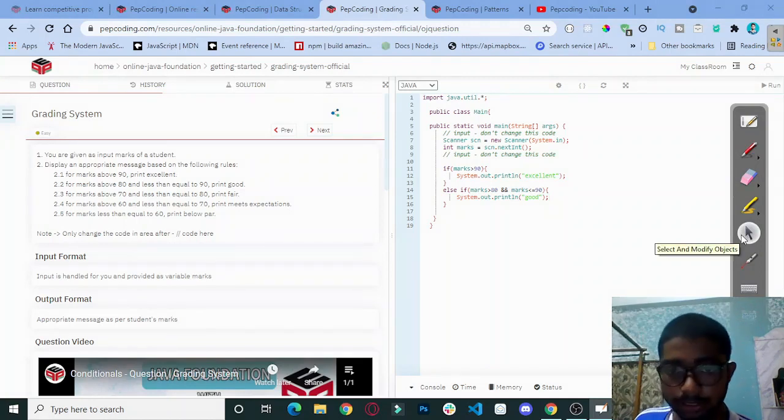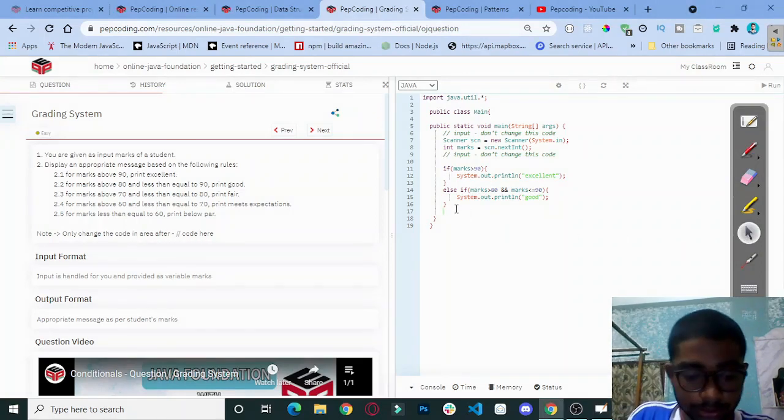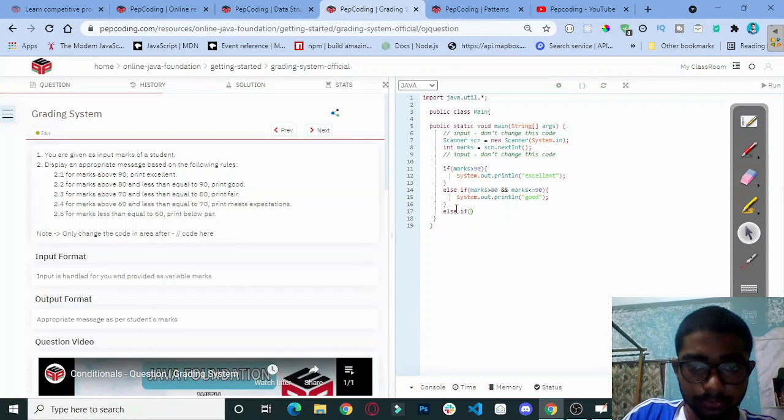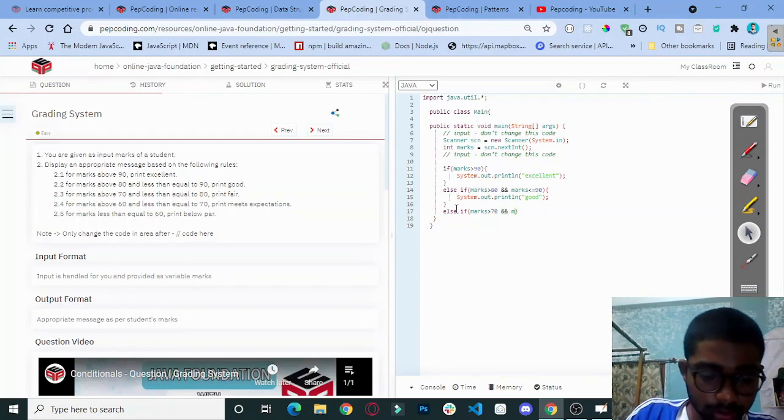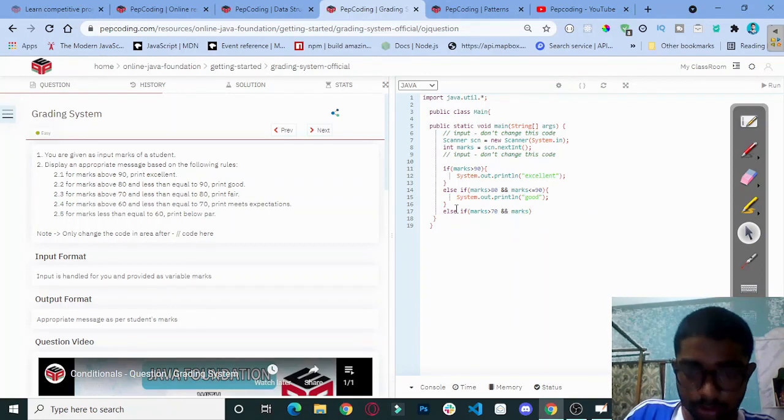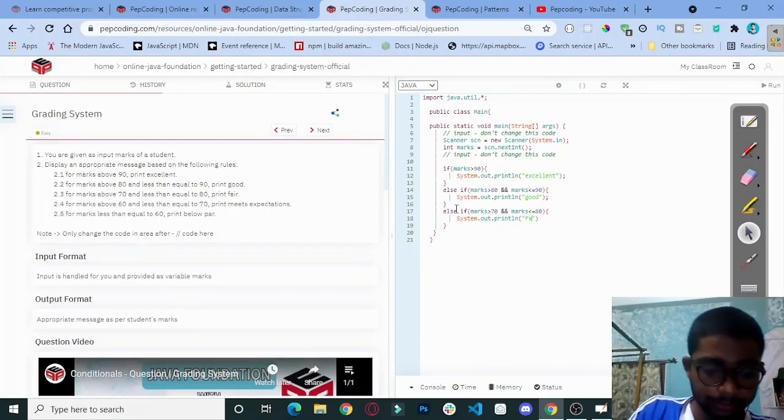Let's move forward to the next line. Else if marks is above 70 and marks is less than or equal to 80, then System.out.println fair.